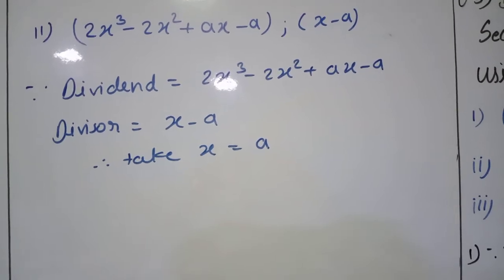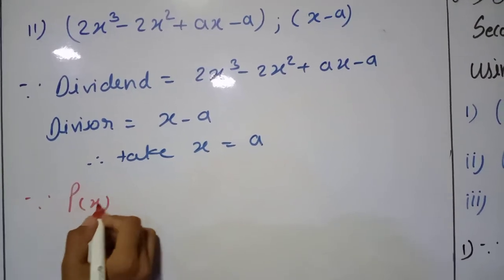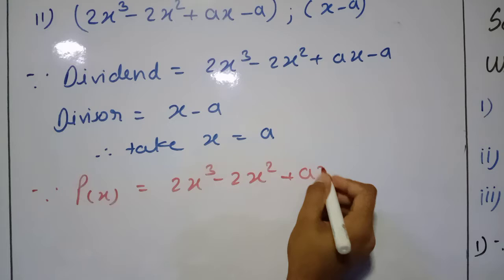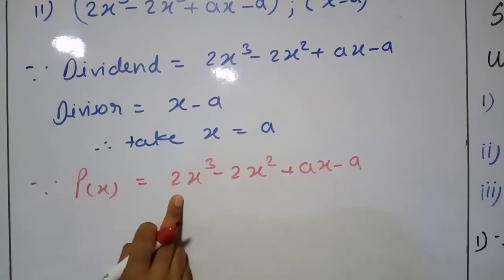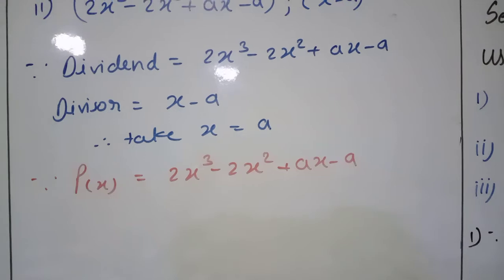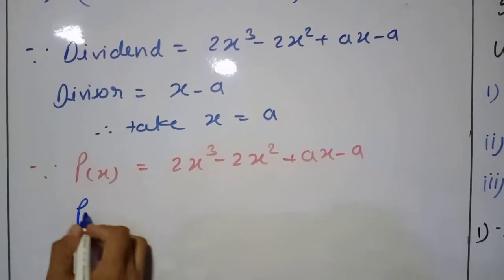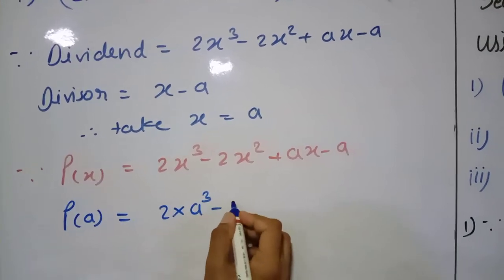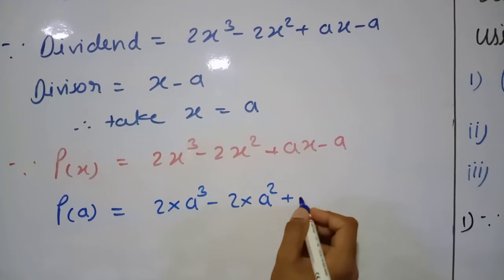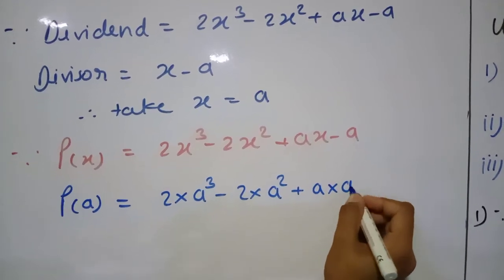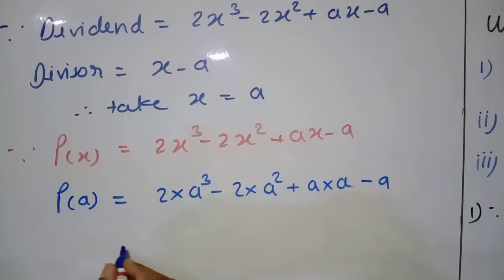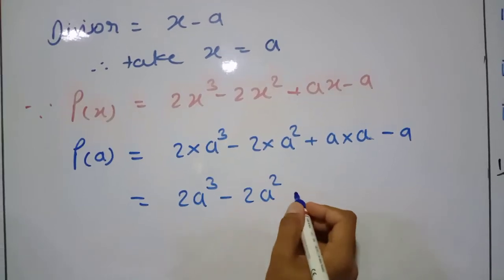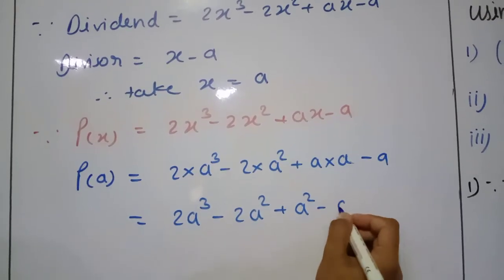Now we have the polynomial, that is 2x cube minus 2x square plus ax minus a. At the place of x now we have to take a. P a is equal to 2 into cube of a minus 2 into square of a plus a into a minus a, is equal to 2a cube minus 2a square plus a square minus a.